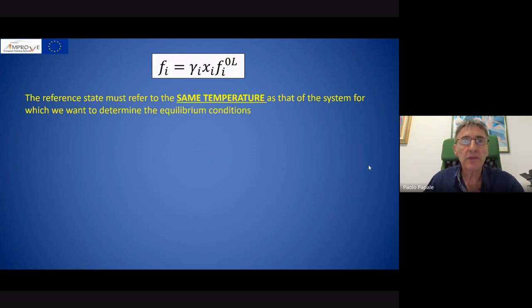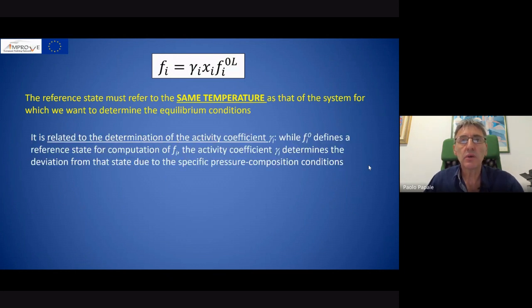Second very relevant point, the activity coefficient gamma and the reference fugacity F0, which appear in this expression, are not independent.